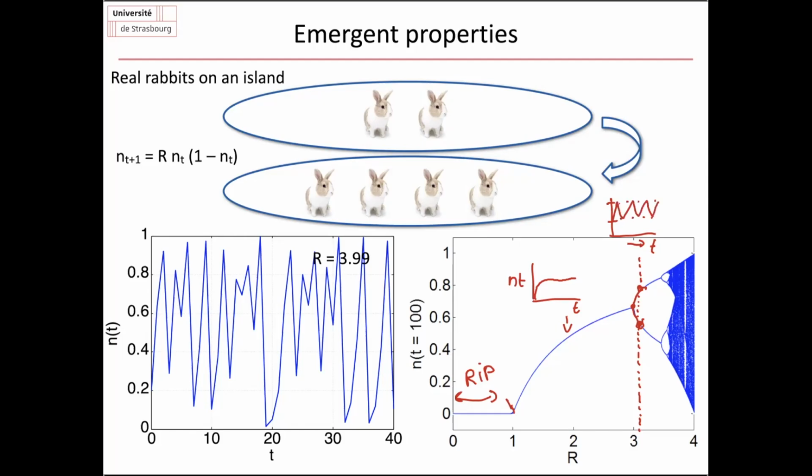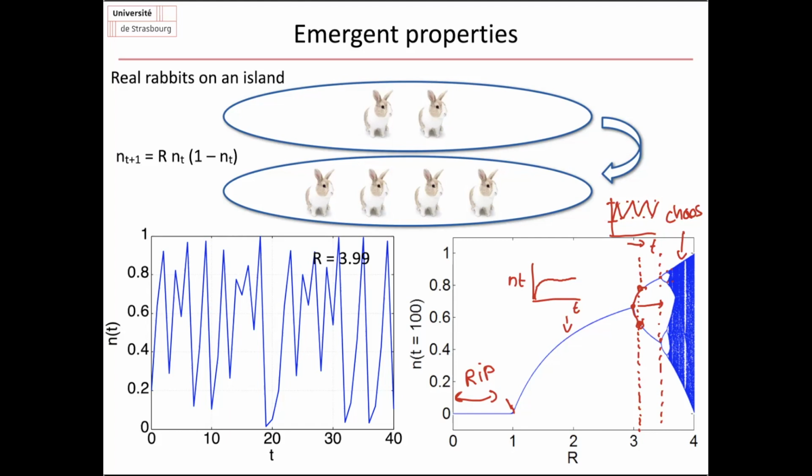Then if we look a bit further, there is again a bifurcation, which is again happening at some value. And the number of bifurcations rapidly increases. So once we go to this regime, we basically have chaotic behavior.